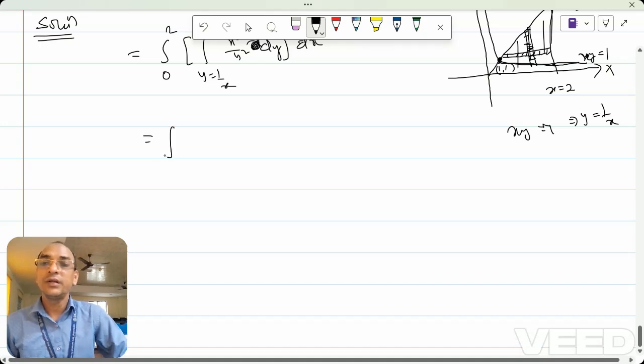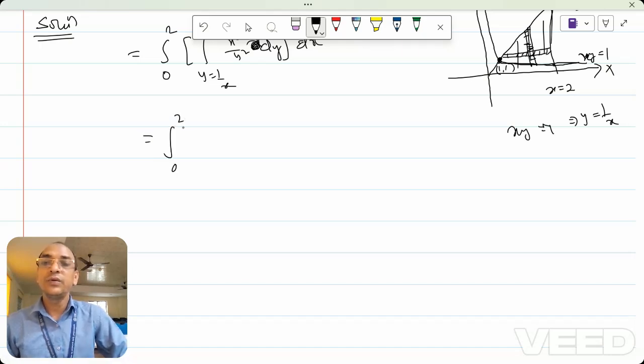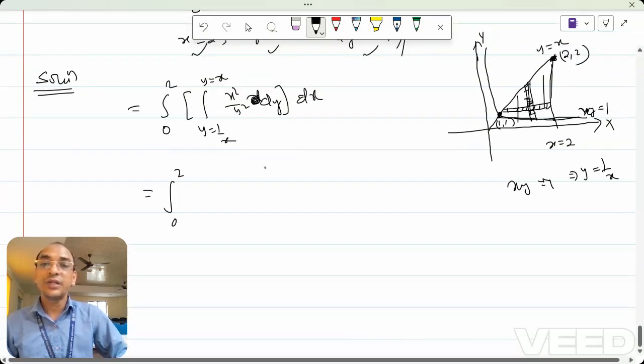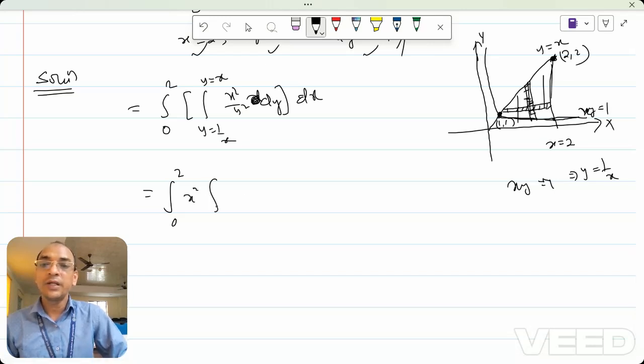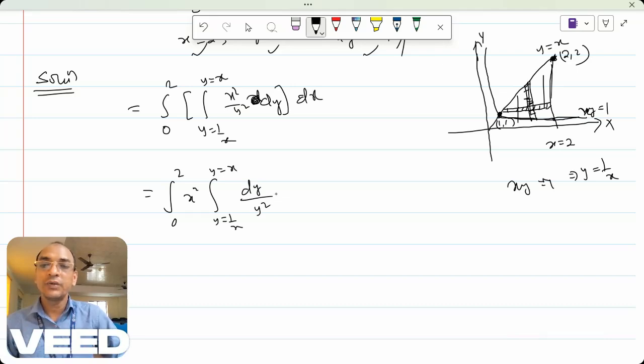This will be integration 0 to 2, and then x is constant with respect to y, so you can take it out, and the remaining thing here I will put y equal to 1 by x and y equal to x, dy by y square, and then I will integrate with respect to x.